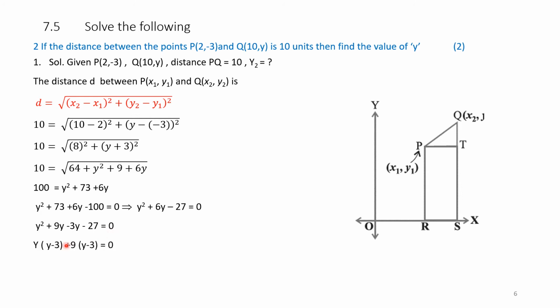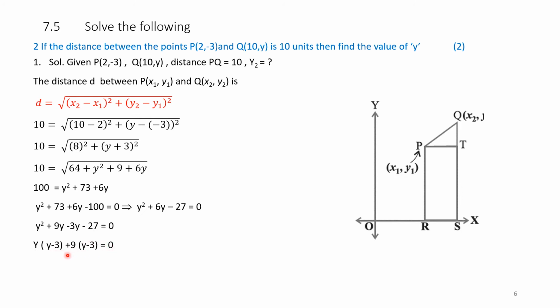Here we get two factors: y into y minus 3 plus 9 into y minus 3. Taking y common between the first term and the third term, we get y, if we take common, y minus 3, and this becomes plus 9 if we take common, y minus 3 equal to 0.